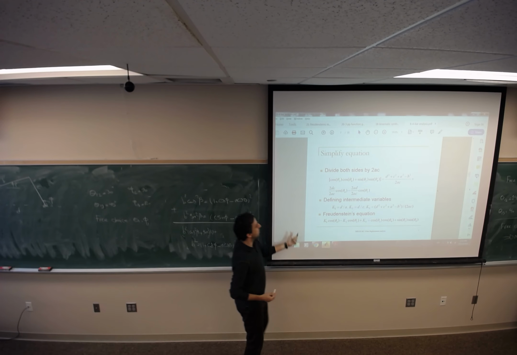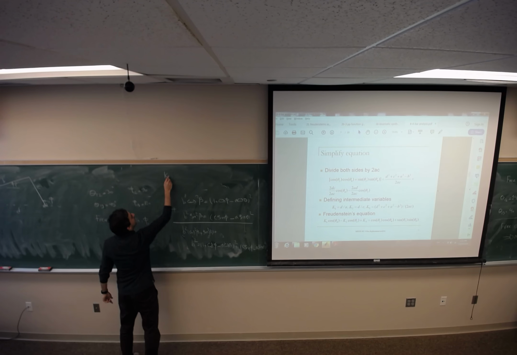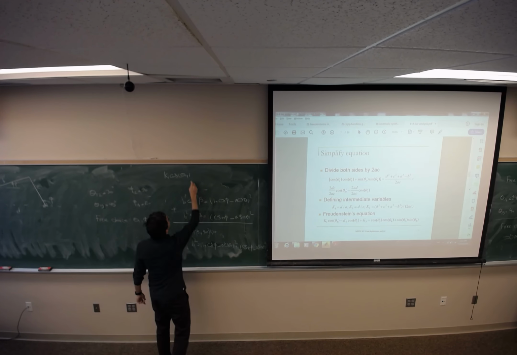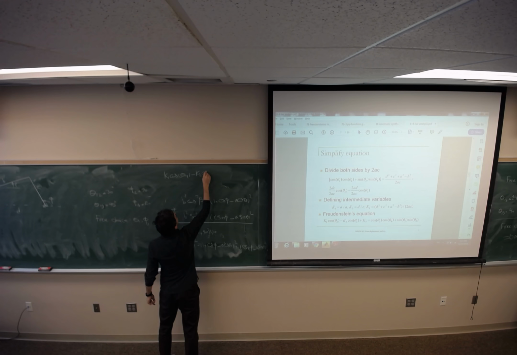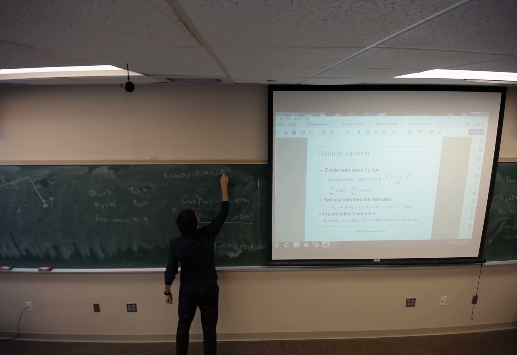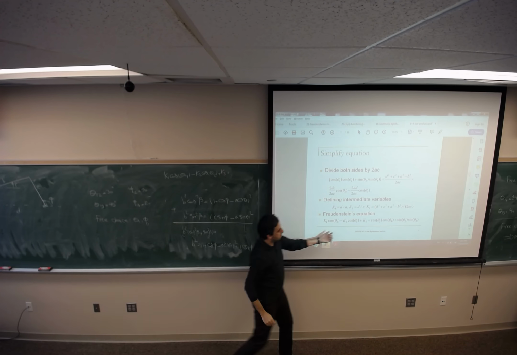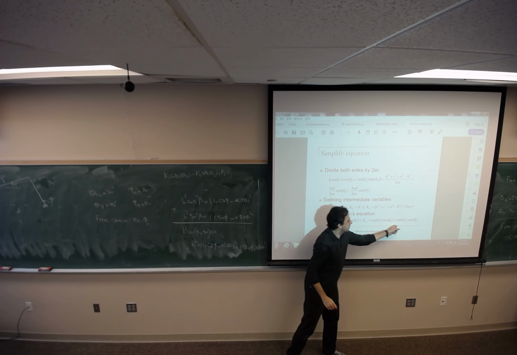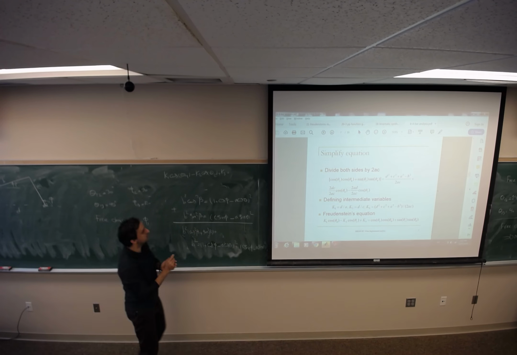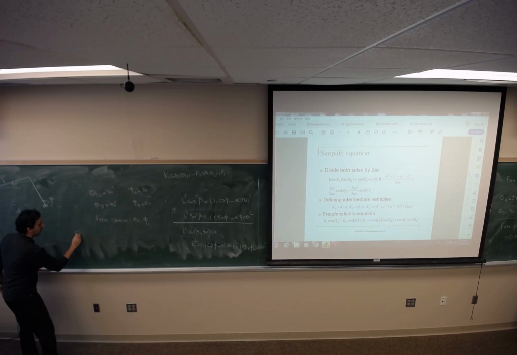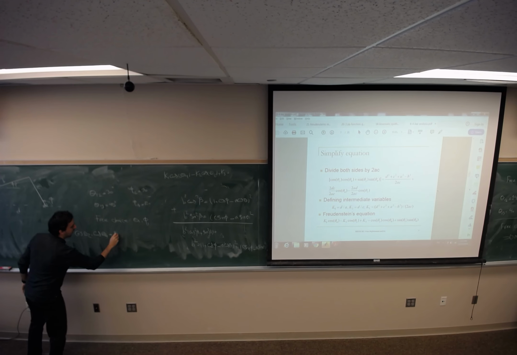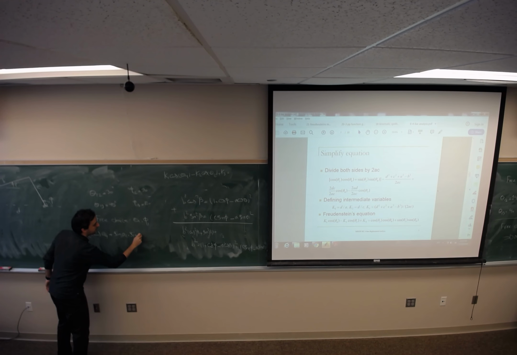In the Freudenstein equation, we got K1 cosine of theta 4 minus K2 cosine of theta 2 plus K3 equals this right hand side, cosine of theta 2 times cosine of theta 4 plus sine of theta 2 sine of theta 4.